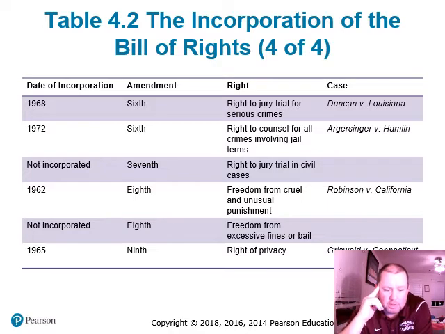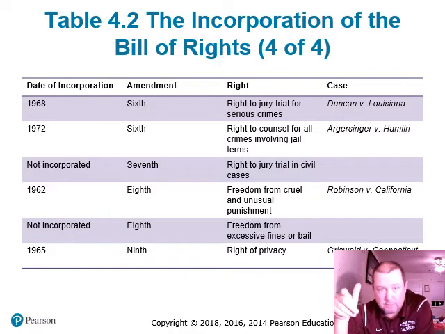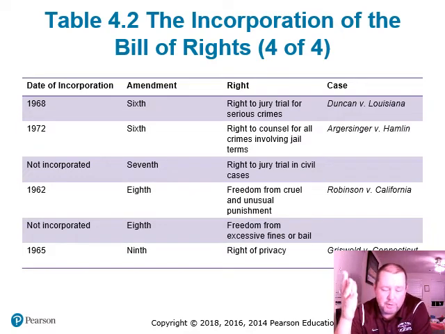Again, right to a jury trial in a civil case, states offer you that anyways. And no state has ever imposed an excessive bail or fine, so it's never been challenged and brought to the Supreme Court. And if there's never a state behavior that's challenged under this concept, then selective incorporation doesn't exist.